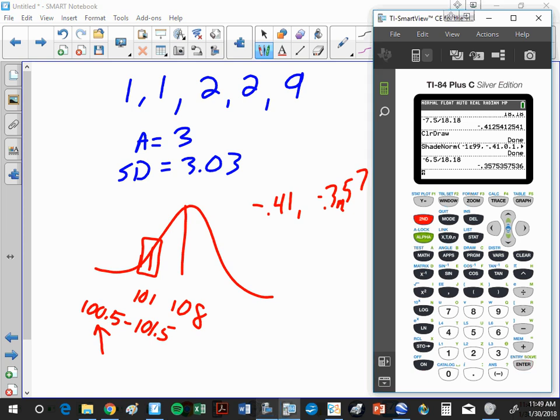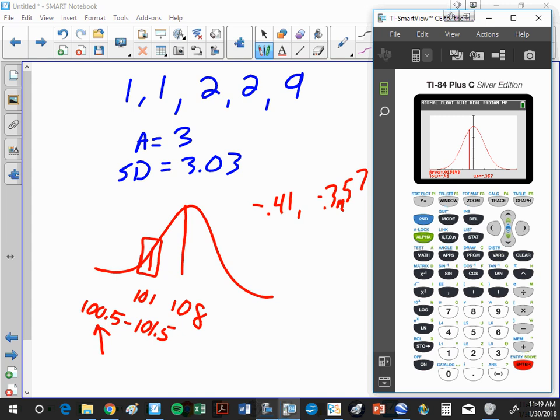So I'll shade norm. 0.357. So we'll shade norm from negative 0.41 to negative 0.357. And that single column contains 1.9%.